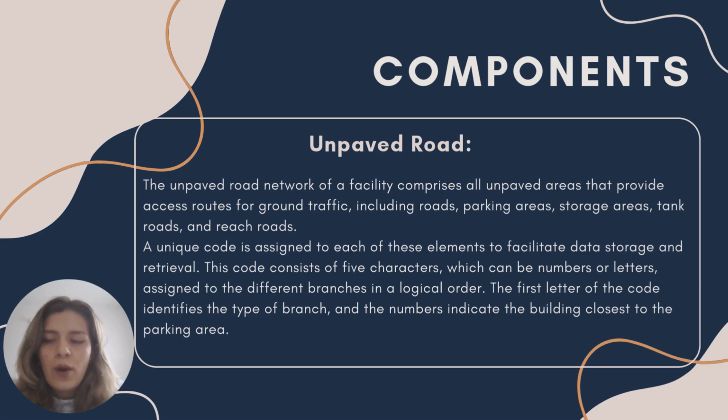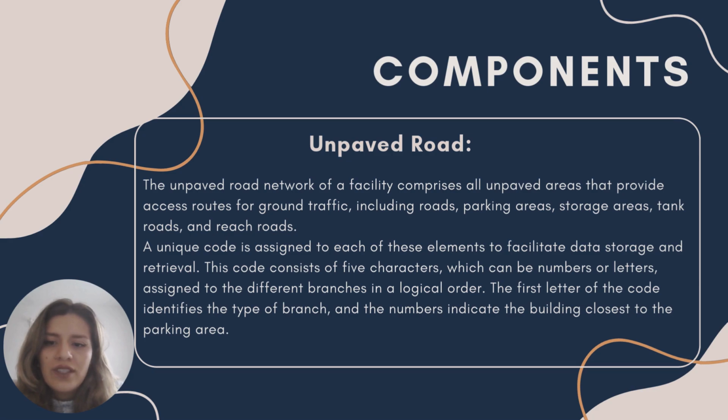Unpaved route. The unpaved route network of a facility comprises all unpaved areas that provide access routes for ground traffic, including roads, parking areas, storage areas, tank roads, and ridge roads. A unit code is assigned to each of these elements to facilitate data storage and retrieval.